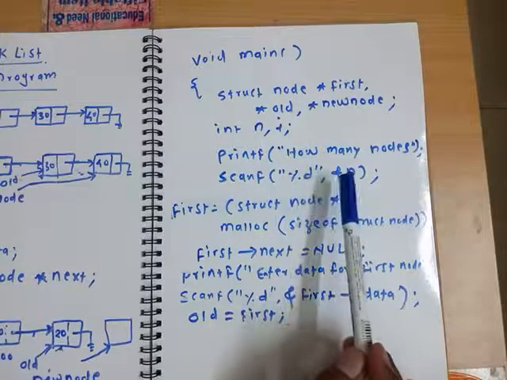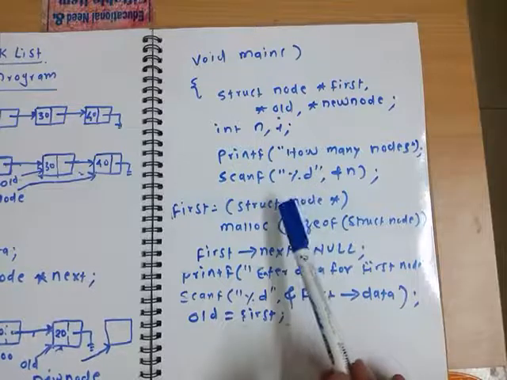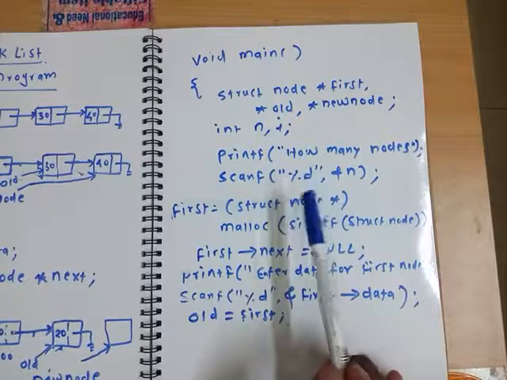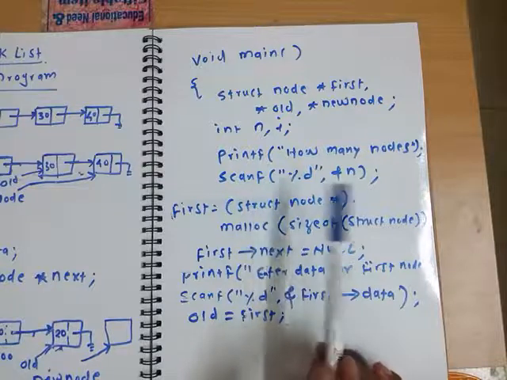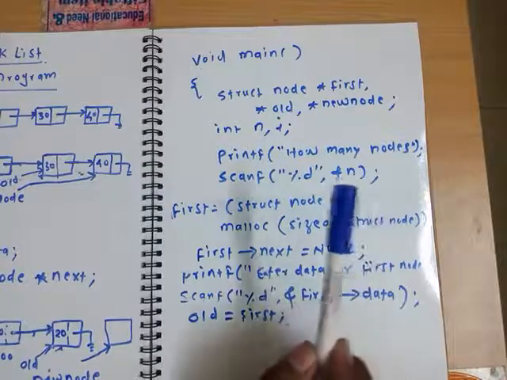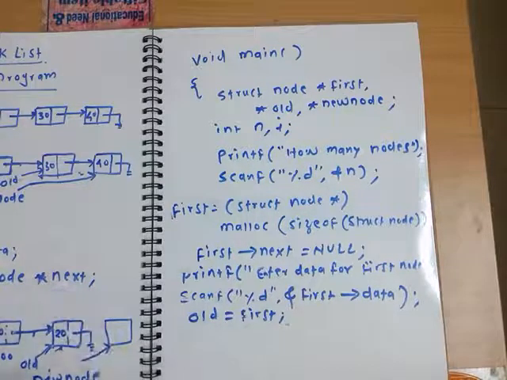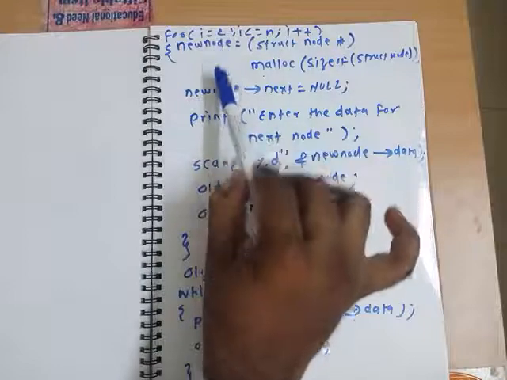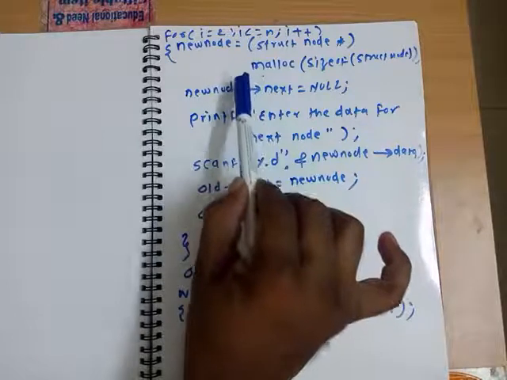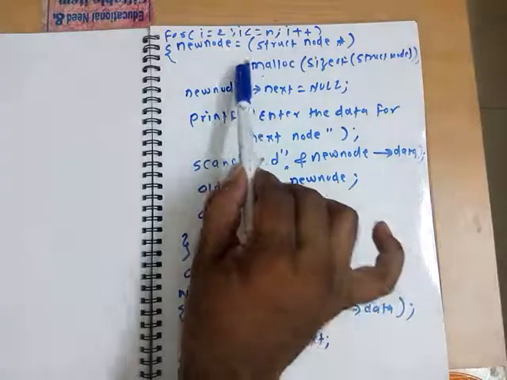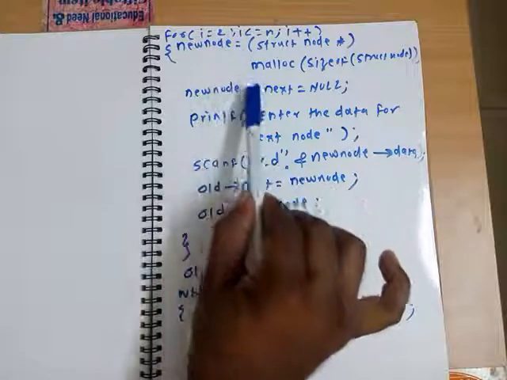The user will say n nodes I want to create. So we'll create the first node by using malloc, and we'll point the first pointer to that first node, right? Then we'll create the subsequent nodes by using this for loop. Every time we demand memory for a new node, it will be pointed by this new node pointer, right?